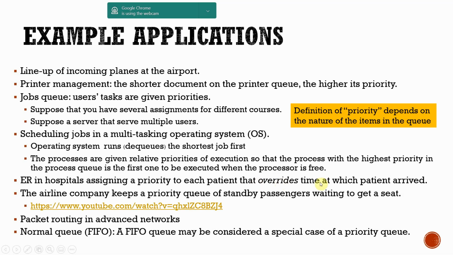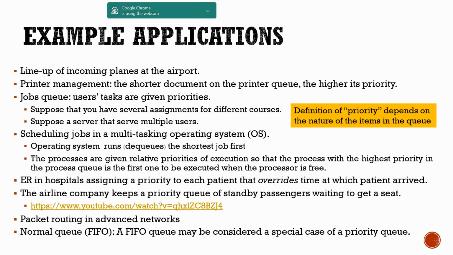So it might override the time at which the patient arrived. When you want to board a plane, you've seen that usually seniors or people with children, or soldiers, veterans, get higher priority.